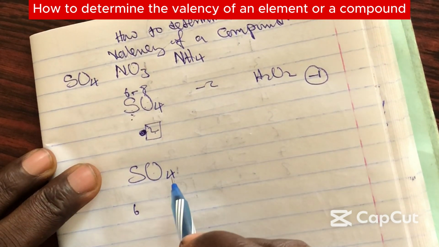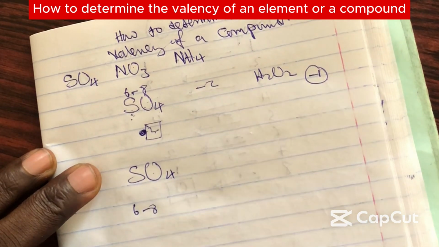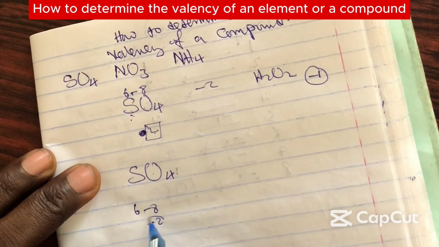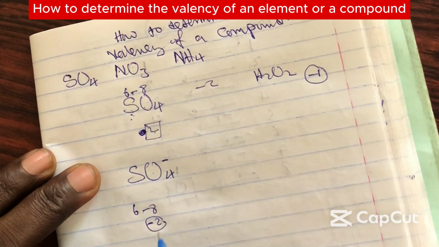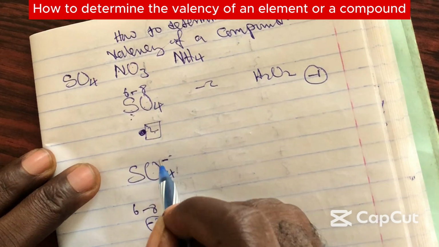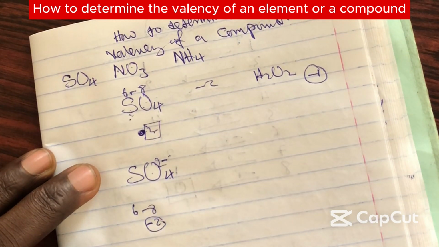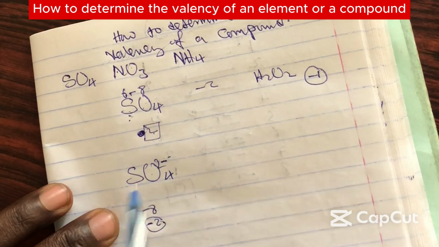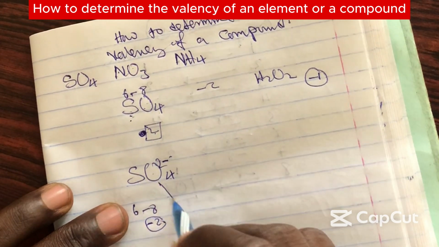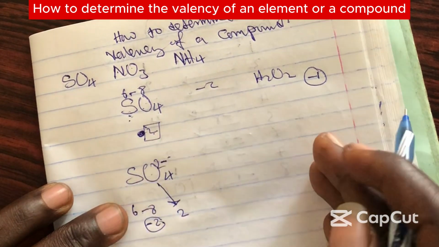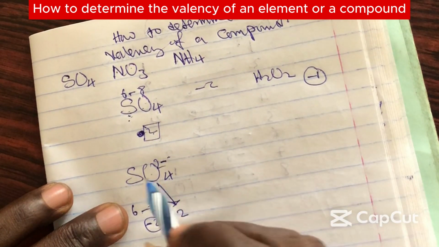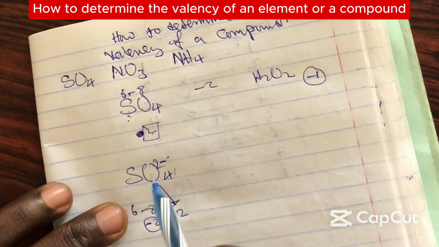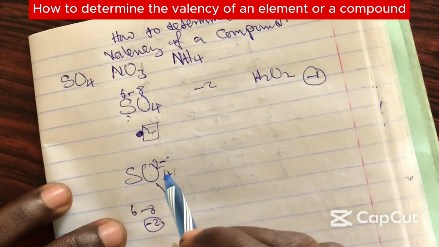Oxygen is minus 2 times the subscript, so minus 8. 6 minus 8 is minus 2, which means the charge of this entire compound is minus 2. So the charge the compound contains is also equal to the valency it contains. If the charge of a compound is minus 2, then the valency of this entire compound is also 2.